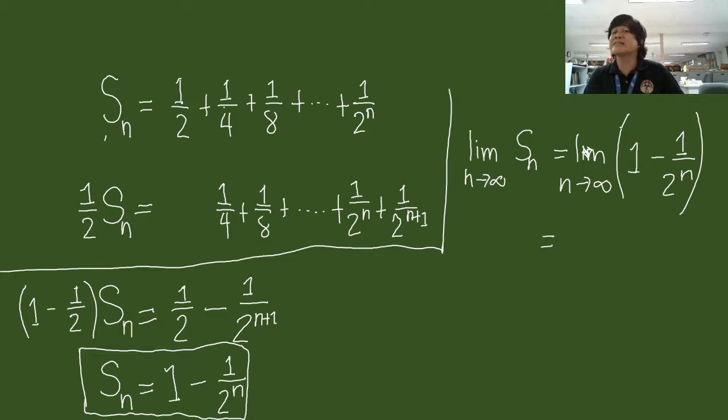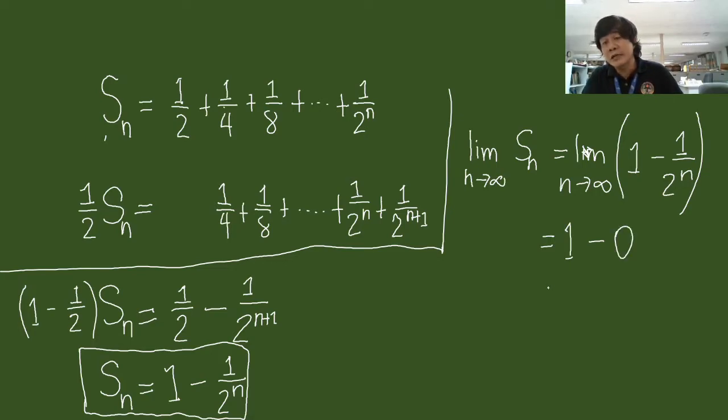Remember, 1 is independent of n, so we can simply pass through the limit. But the second term is a power of n, so as n approaches infinity, the denominator gets bigger and bigger, so the whole fractional expression approaches 0. So therefore this is 0.